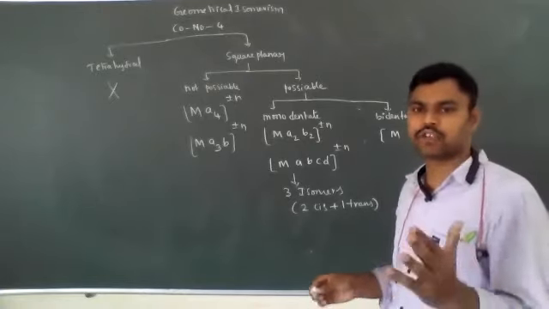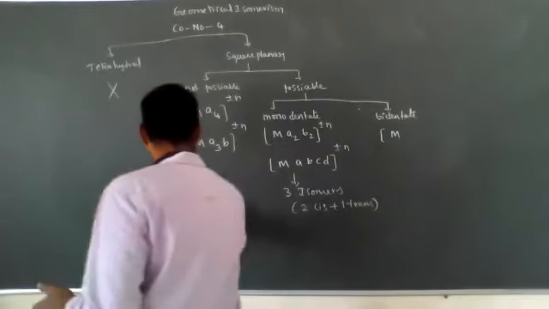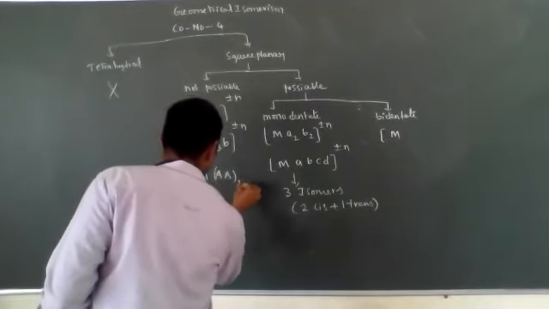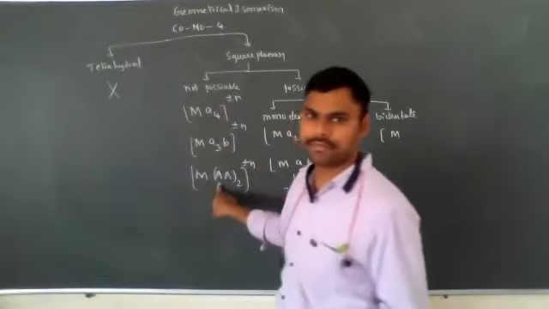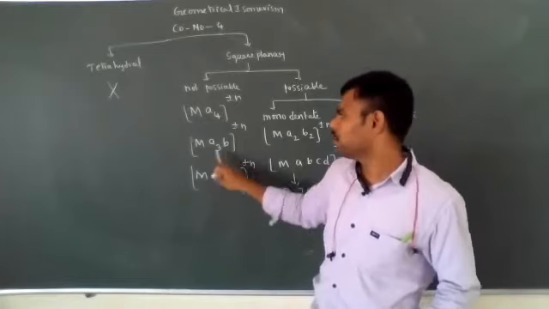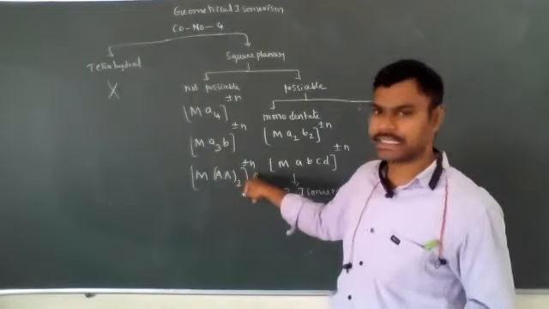Ethylene diamine has 2 donor atoms that are the same, so it is not possible. See, AA twice is not possible, because bidentate ligands are represented by capital letters and monodentate ligands are represented by small letters. Then AA twice is not possible.